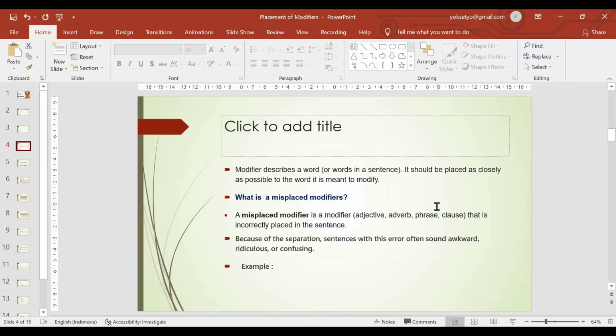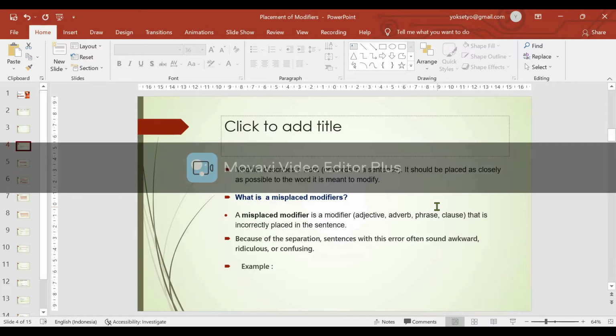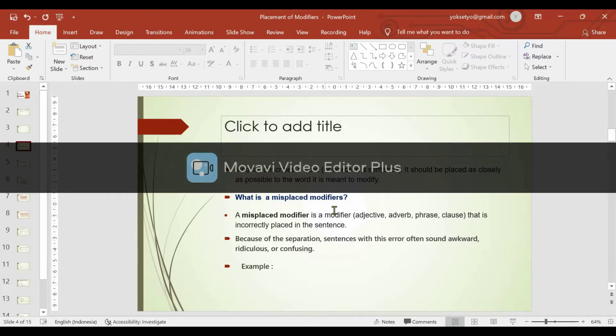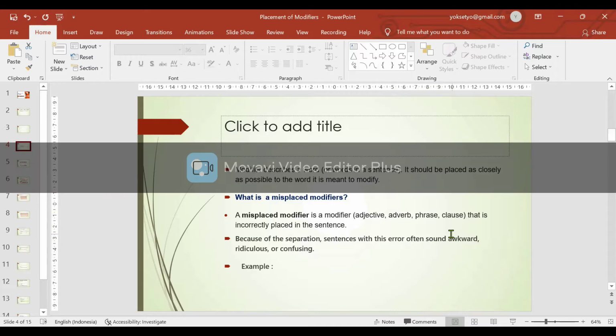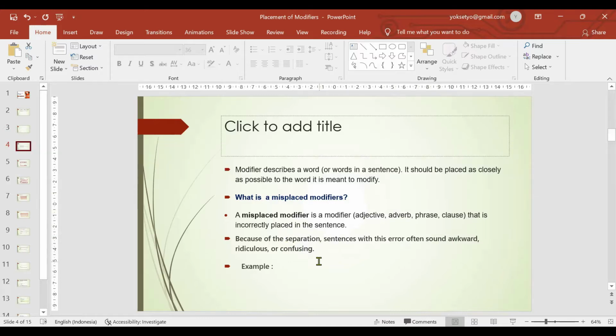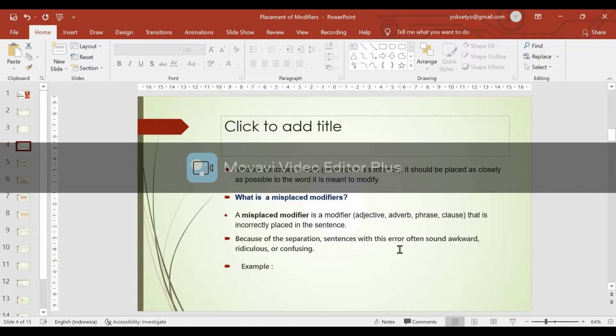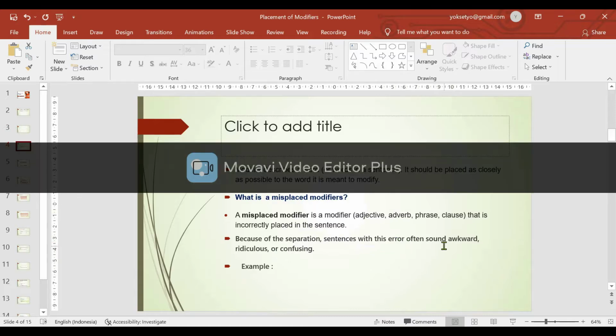So what is a misplaced modifier? A misplaced modifier is a modifier, it can be an adjective, adverb, phrase, or clause, that is incorrectly placed in the sentence. Because of the separation, sentences with this error often sound awkward, ridiculous, or confusing.